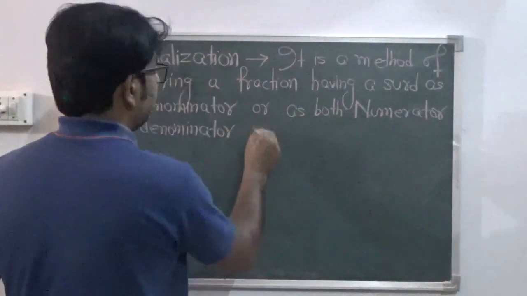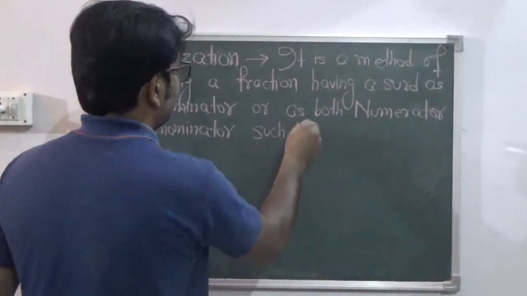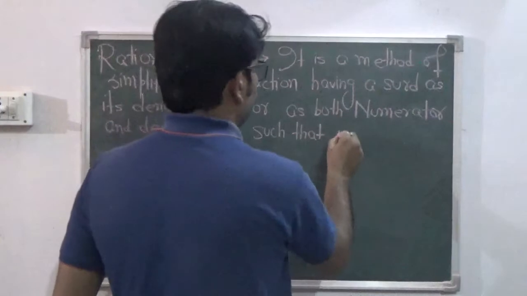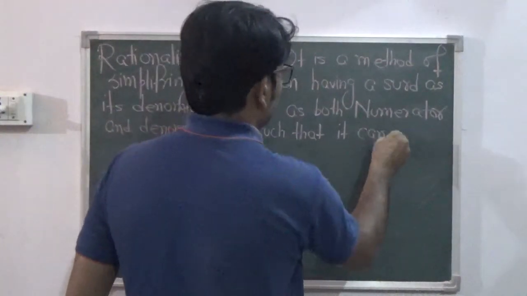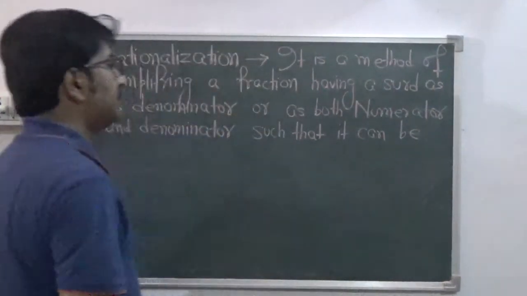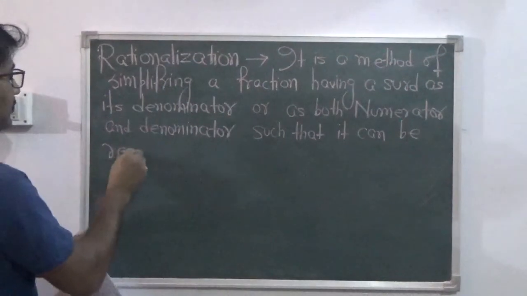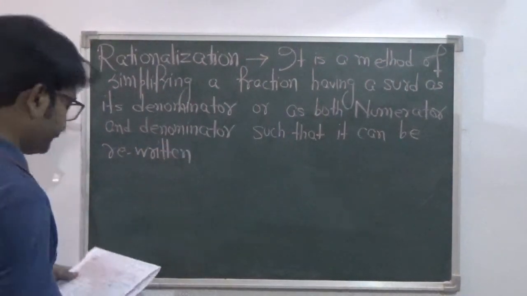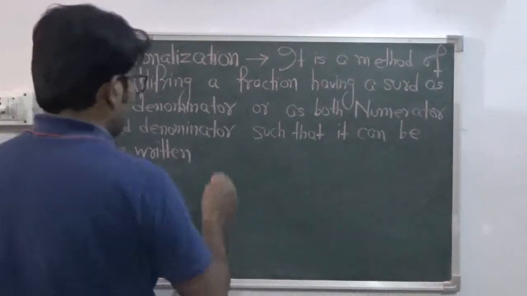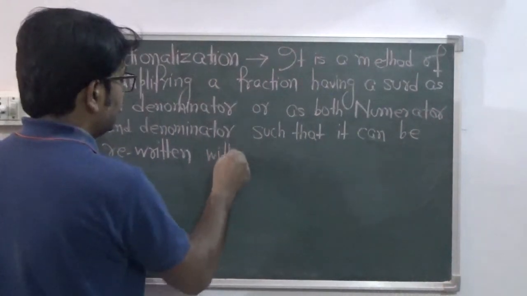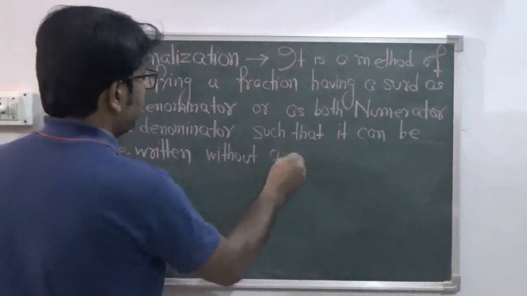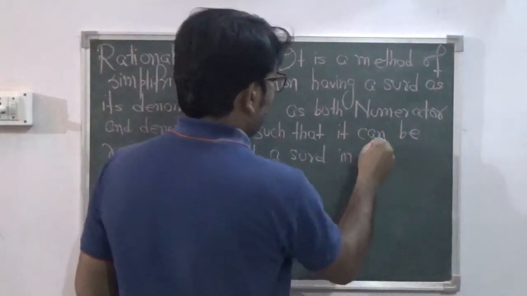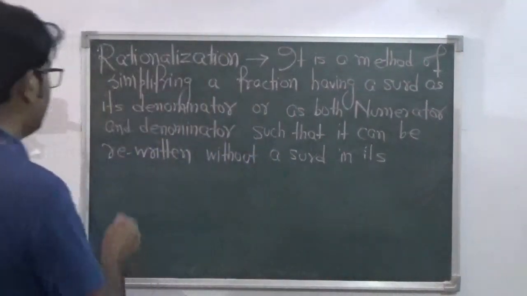such that it can be rewritten without a surd in its denominator.